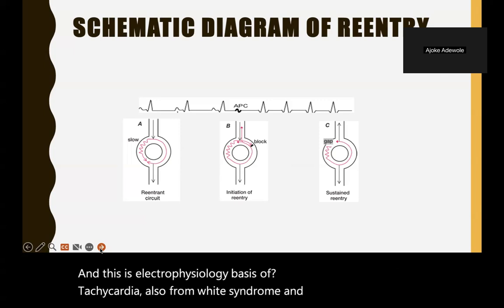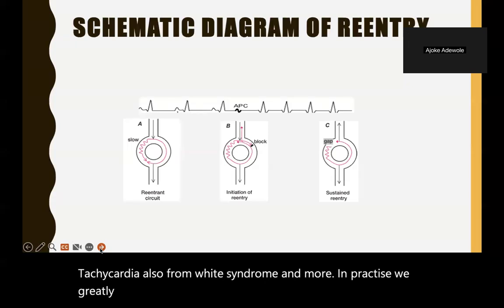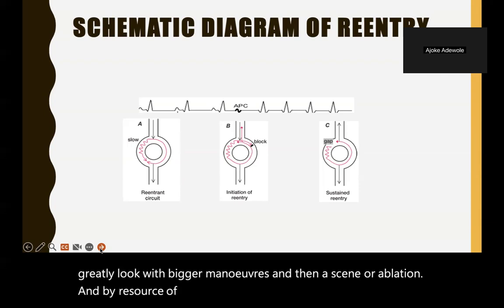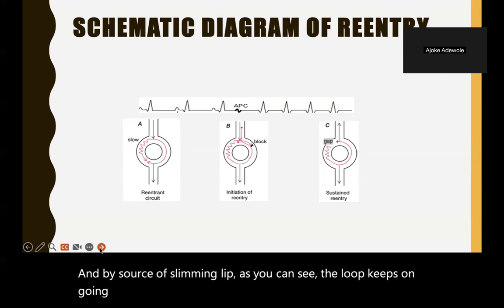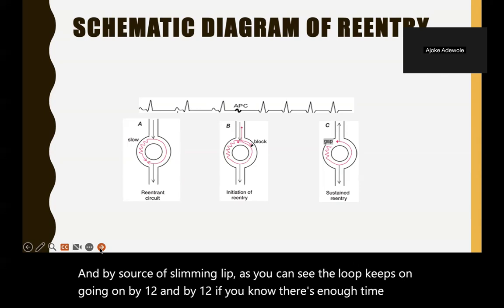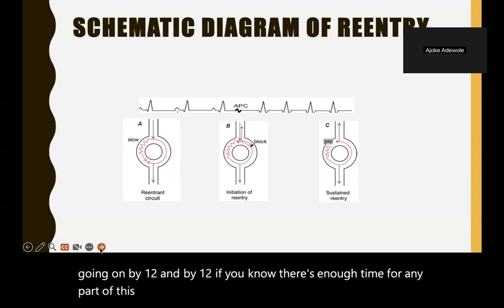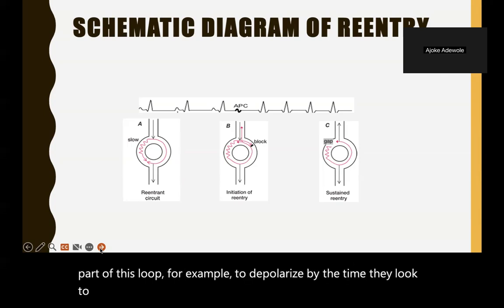In practice, we break this loop with vagal maneuvers, adenosine, or ablation. And by self-sustaining loop, as you can see, the loop keeps on going by itself. If there's enough time for any part of this loop to depolarize, by the time the loop returns, it repolarizes that cardiac tissue.